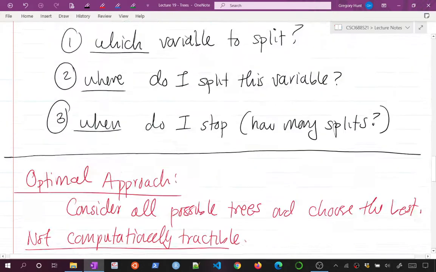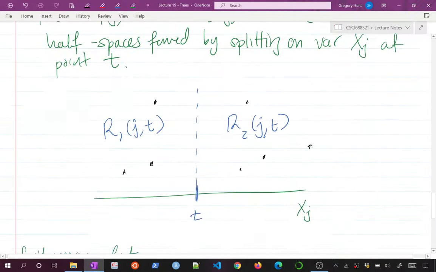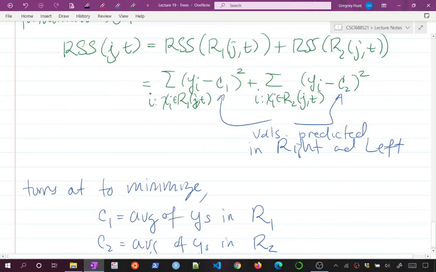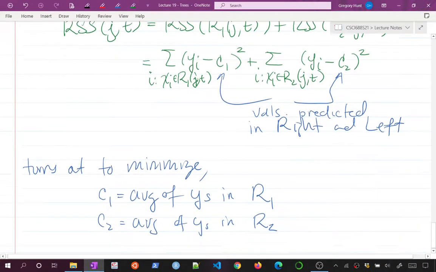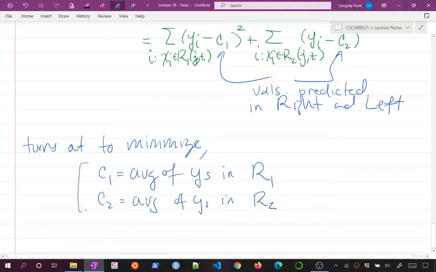The answer is basically that if I want to minimize this RSS, setting the constant value I predict in the rectangle to the average of the values in the rectangle is what minimizes it.